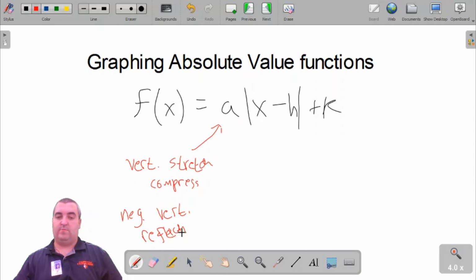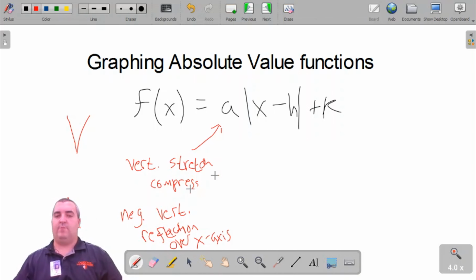Ooh, that's not how you spell reflection. So instead of being a V going this way, it would be an upside-down V going this way.